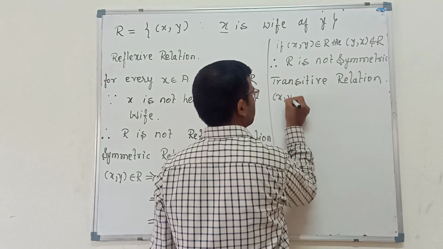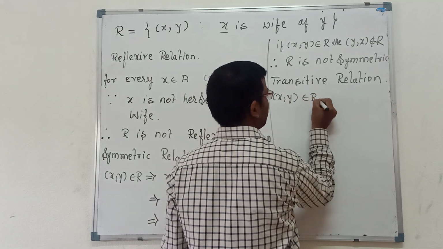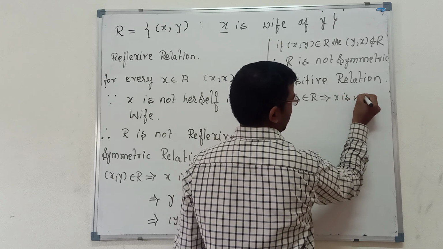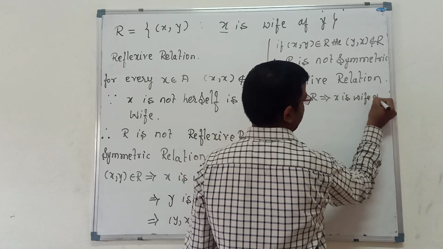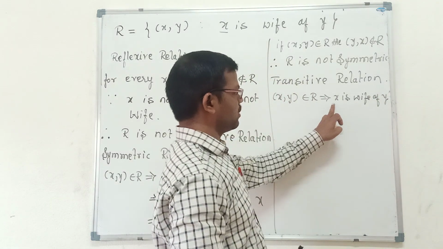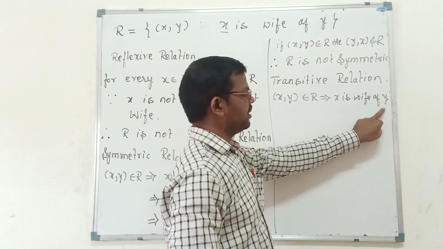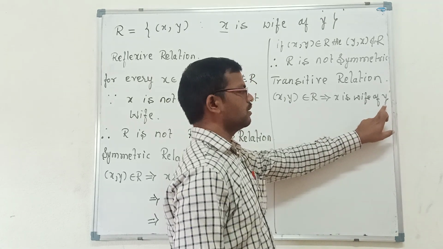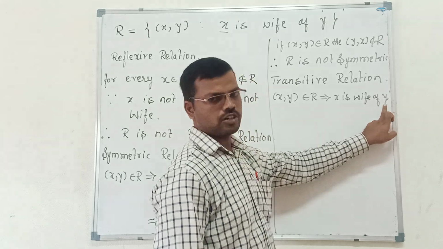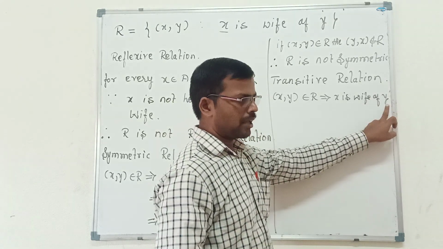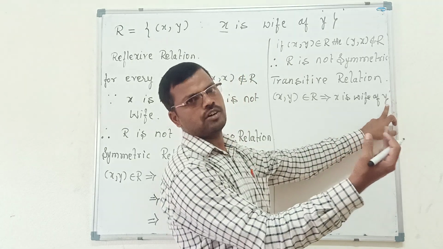x, y belongs to R. It implies that x is a wife of y. So if x is a wife of y, then here we need a pair y with z, another person. It is not possible. We are not getting that pair. Why? Because y is a man. If y is a man, how can he become a wife of another person?